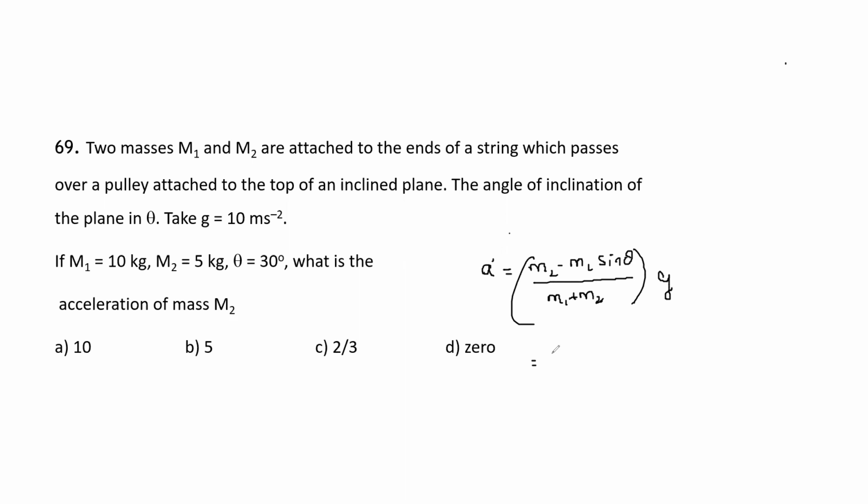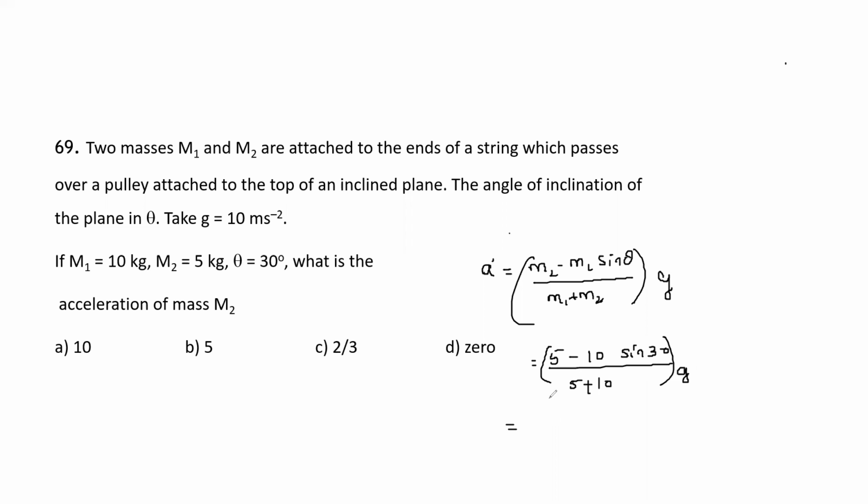So this is equal to m2, which is given as 5, minus m1, which is 10, into sine 30, divided by m1 plus m2, that is 5 plus 10, that is 15. Here I'll write this g as it is for the time being.